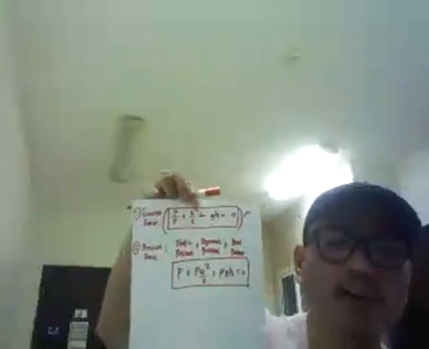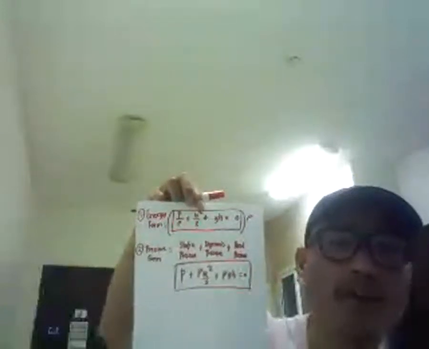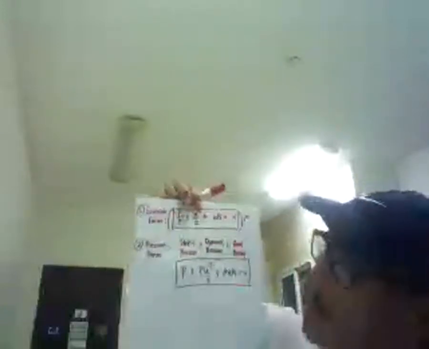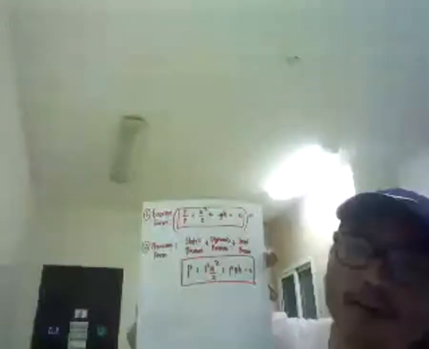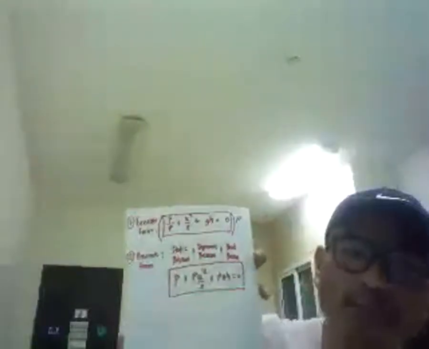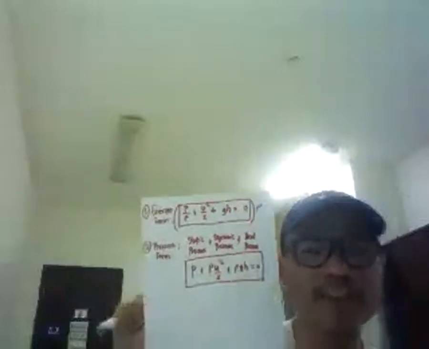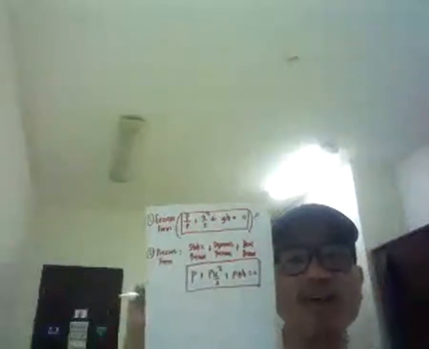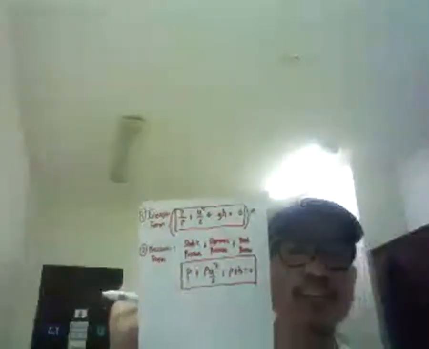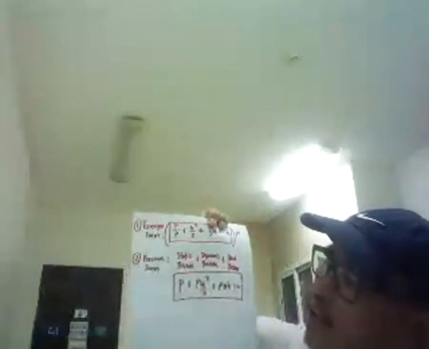We can say there's movement, there's motion, because it's derived from kinetic energy. Plus density times gravity times height, and this is the potential energy. It's energy at rest, that's potential, so not yet moving. So this is gravity times density times height.